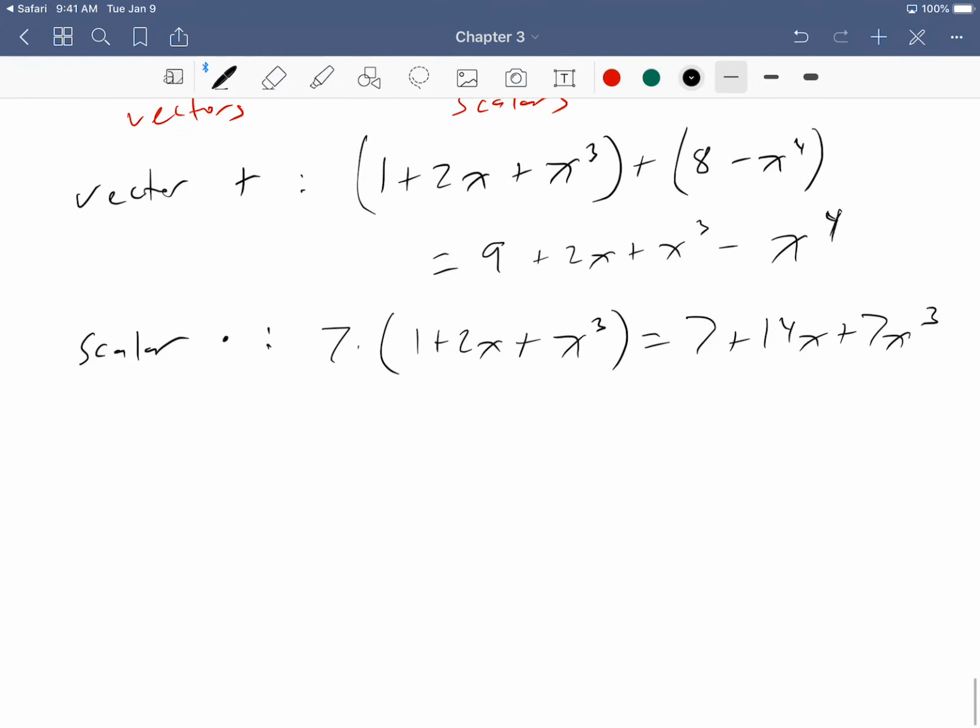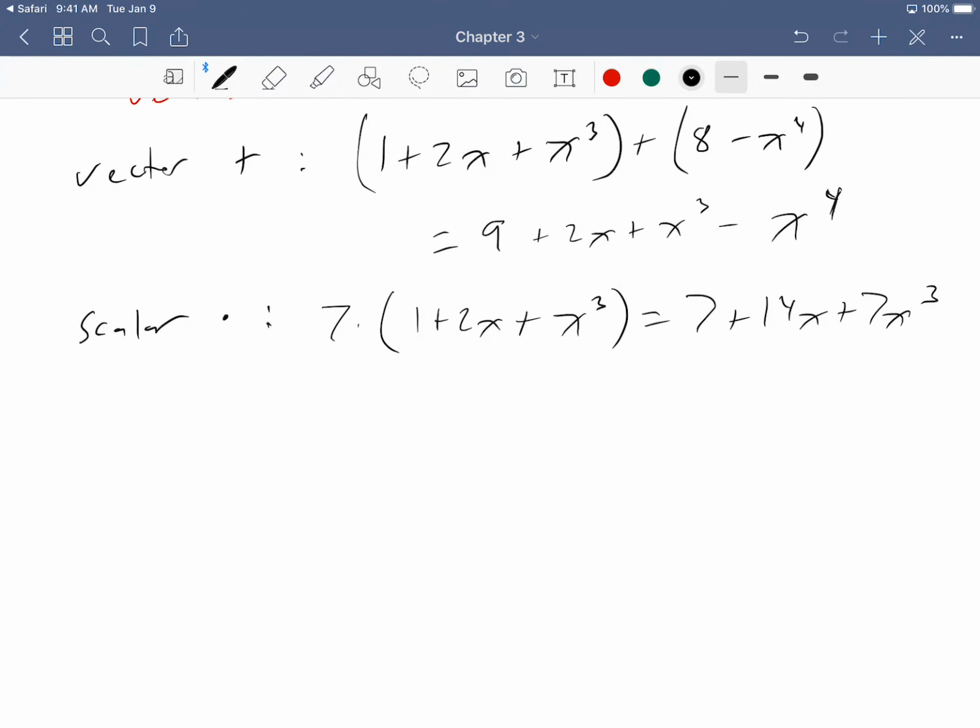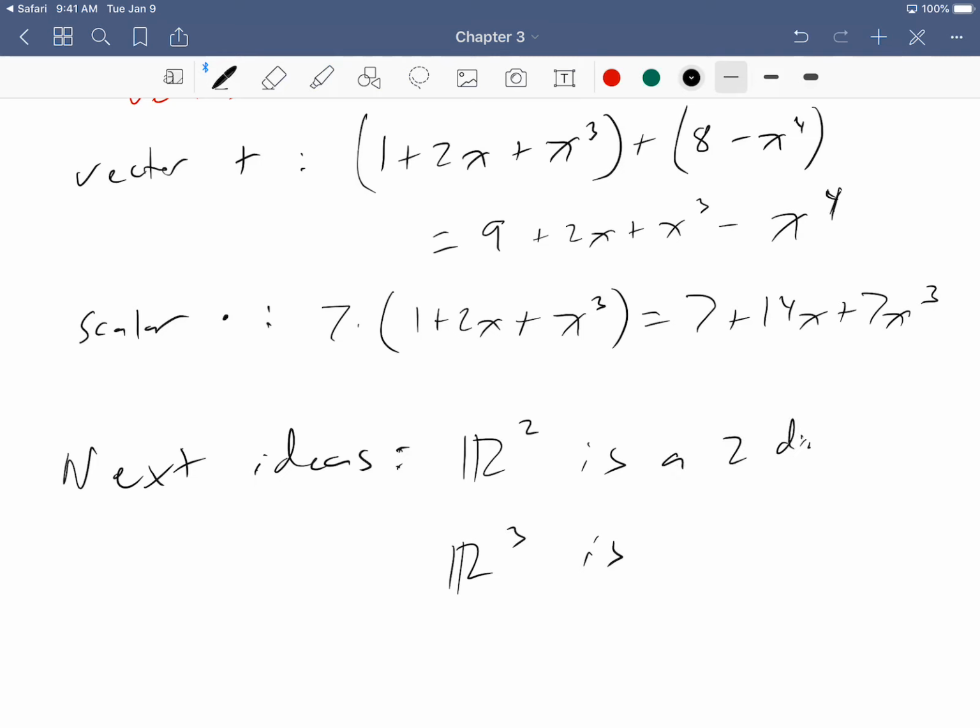So where we're headed in the next video is to explore our next ideas, related to how we think of R2 and R3 in terms of how big they are. We talk about R2 as a two-dimensional space, and R3 as a three-dimensional space.